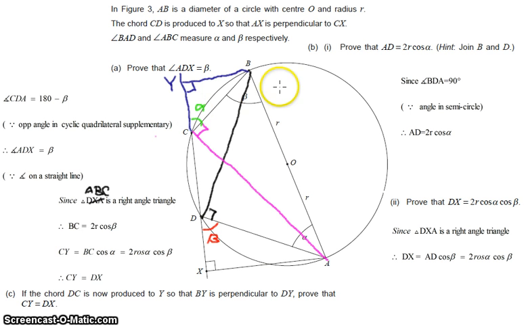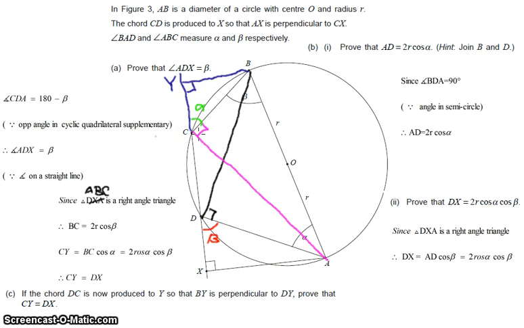Now we do, using the same method that we used to obtain AD, find BC. Now by drawing this line, we know that this is a right angle triangle, hence BC is equal to 2R cosine beta.